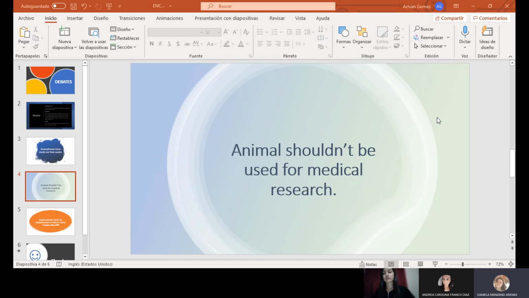This is also done on non-human animals because they are models that show an organism.